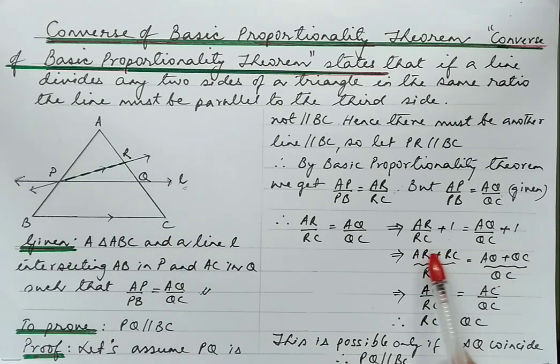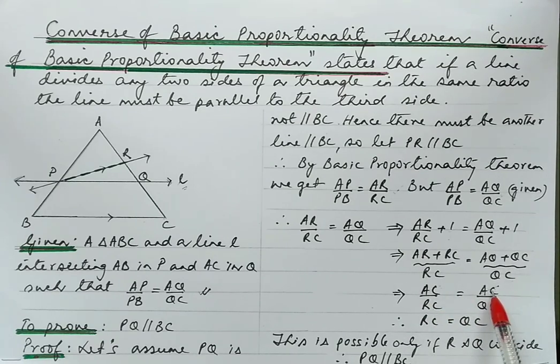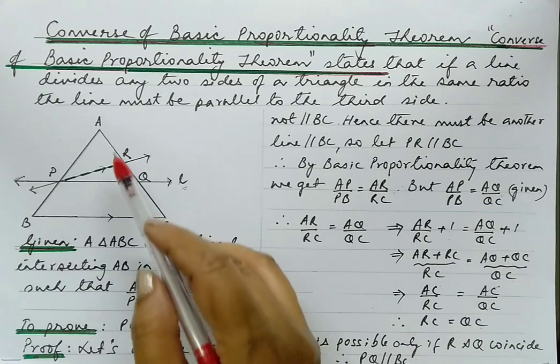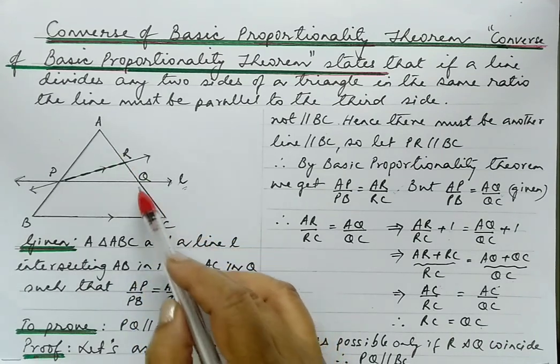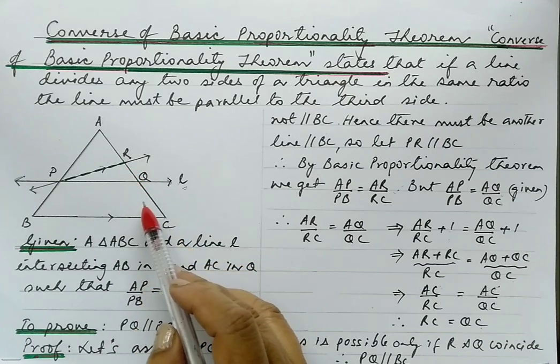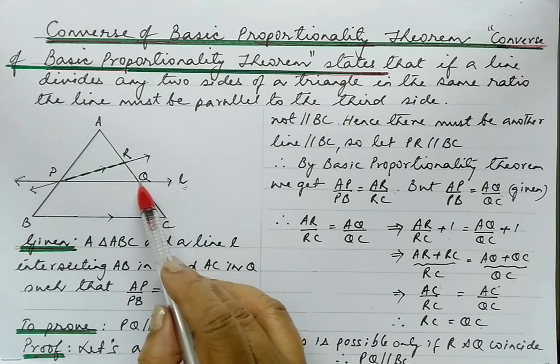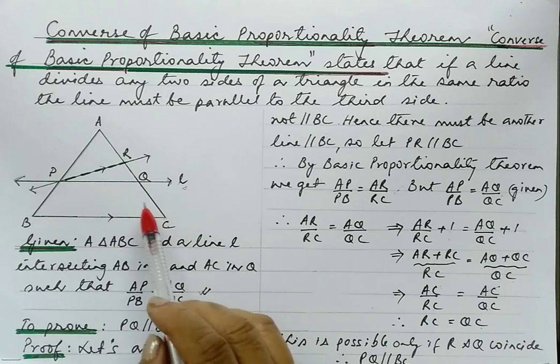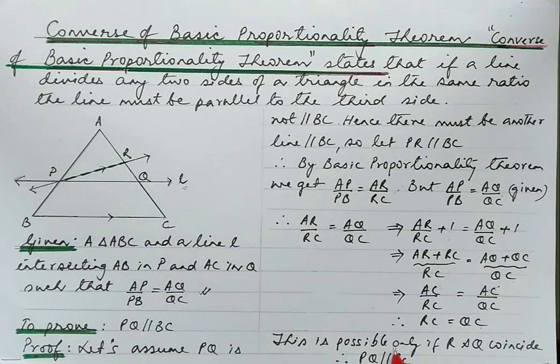Having got AC and AC respectively, if we cancel them, RC equals QC. If RC is equal to QC, what is R doing there? It has to be sitting on the point where Q is. This is only possible if R and Q are coinciding points, right?